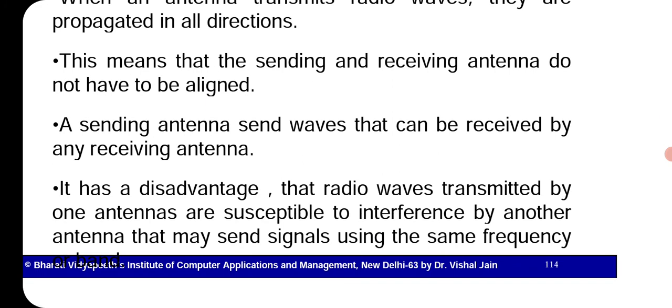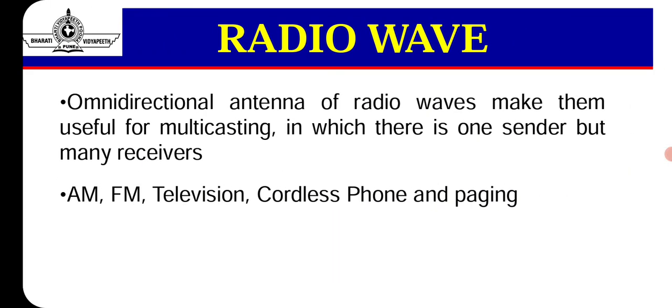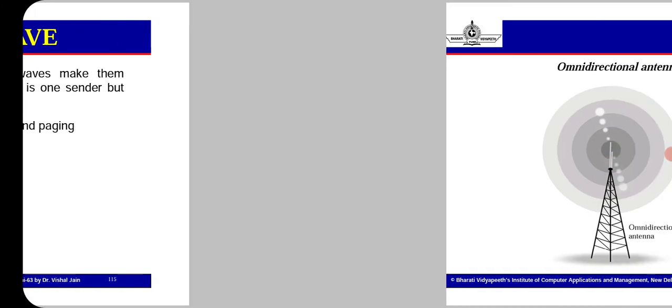It has a disadvantage that radio waves transmitted by one antenna are susceptible to interference by another antenna that may send signals using the same frequency. The omnidirectional antenna makes them useful for multicasting, in which there is one sender but many receivers. Examples are AM, FM, television, cordless phones, and paging.